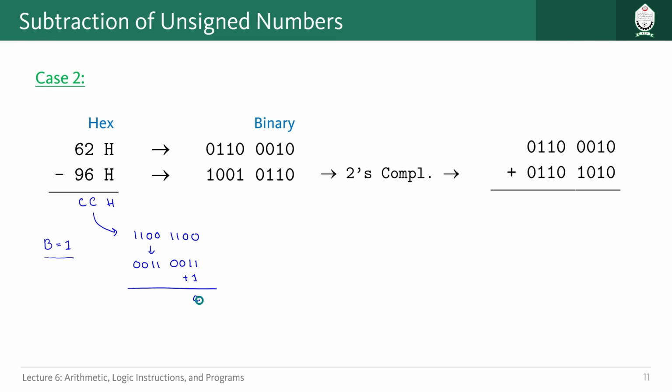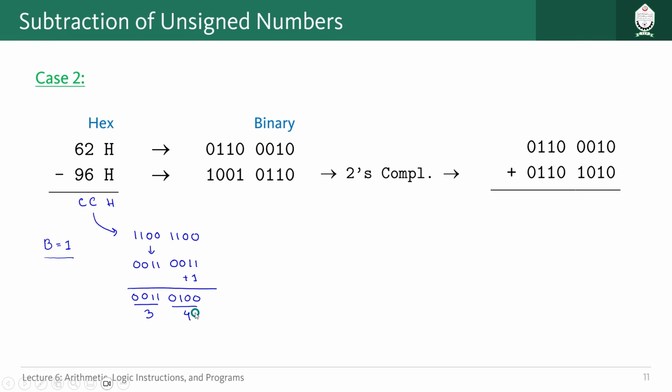So 1 plus 1 is equal to 0, then again 1 plus 1 is equal to 0, then 1 plus 1, then 0, and this will be just as it is, right? So the value we have got here is 3, then 4.